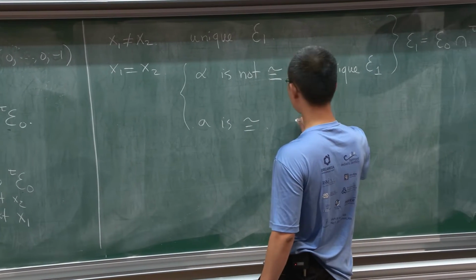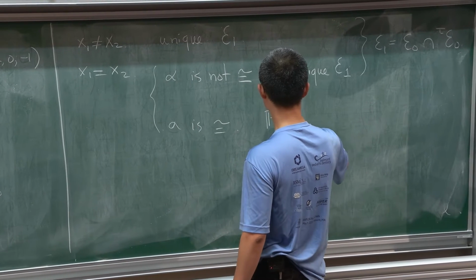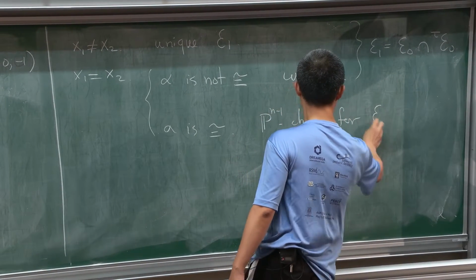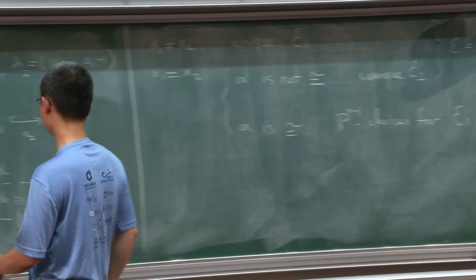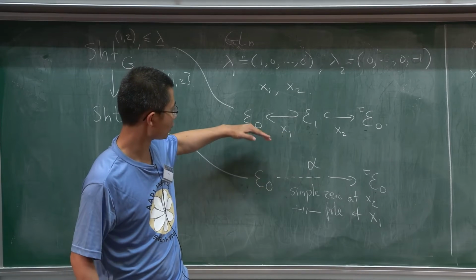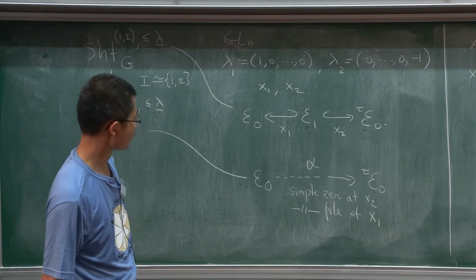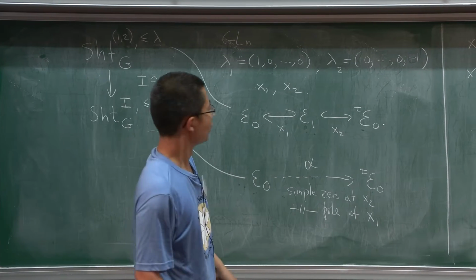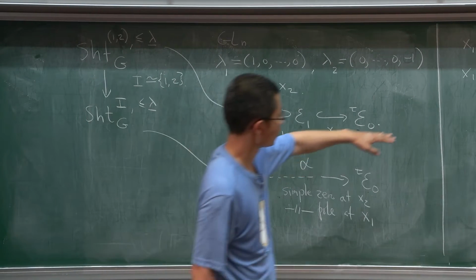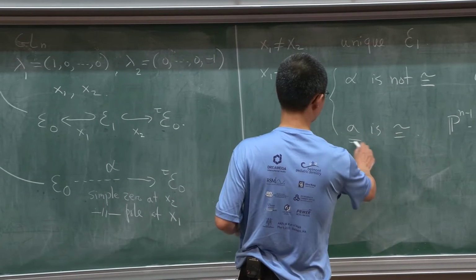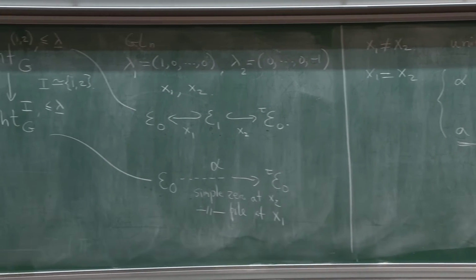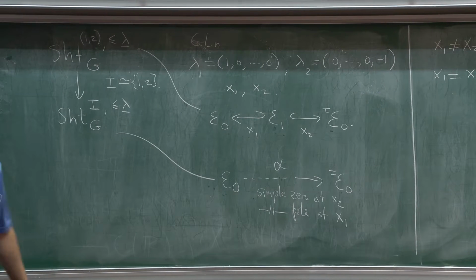Right? So there's a P^{n-1} worth of choices for E1. You can decrease your bundle at x1 in any direction, along any line in the fiber. So the conclusion is that over such a point, the fiber of this map is isomorphic to P^{n-1}.